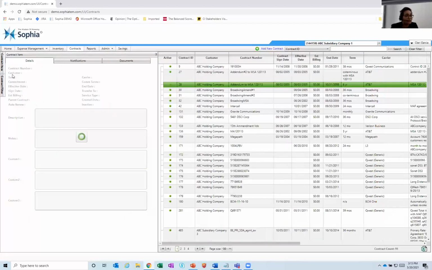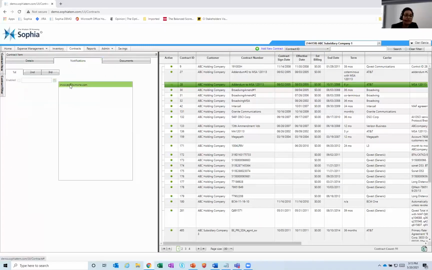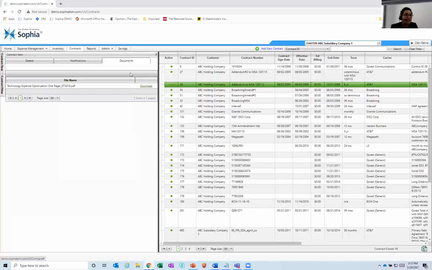We have also created a notification module within the contracts module that will send out email notifications to you prior to the contract expiration. And we send out 3 emails for every contract. We also attach a copy of the contract so that you can reference it and download it at any time. Again, with the same concept of centralizing all of that information.